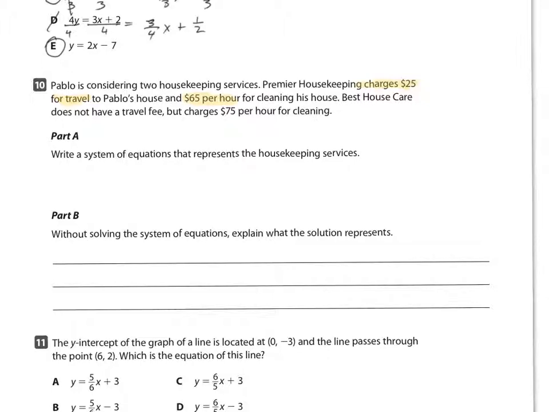So that's going to be y equals 65x plus 25. Now, it says the Best House Care does not have a travel fee, but charges $75 per hour for cleaning. So that's going to be y equals 75x. And that is the system of equations.